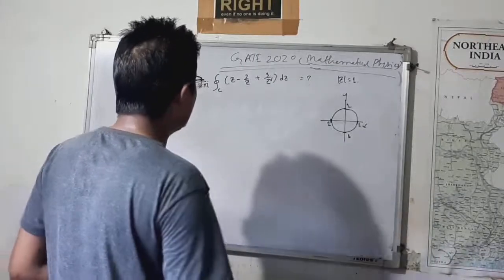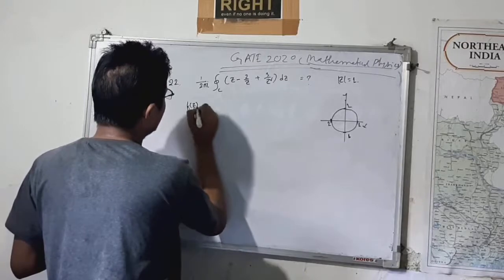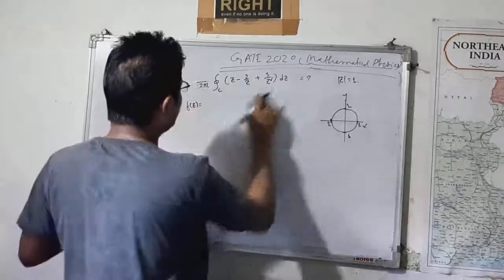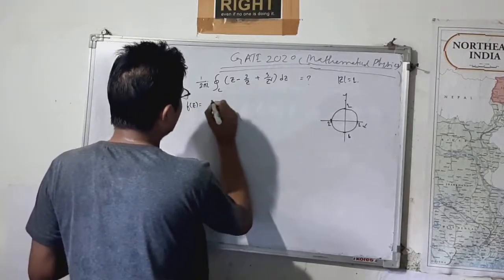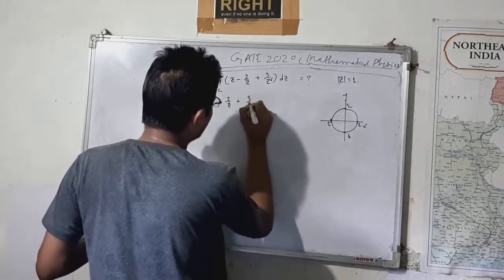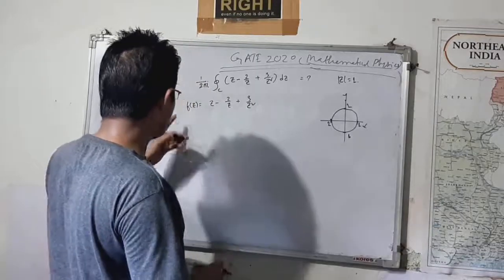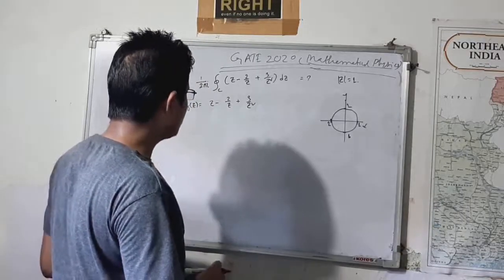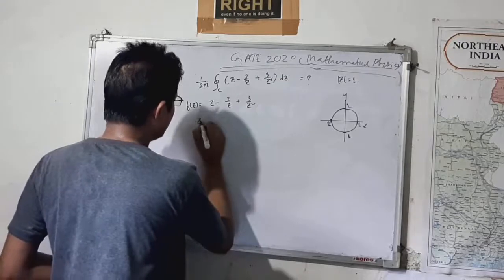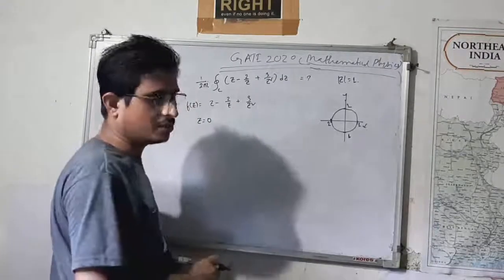Here f(z) is equal to z minus 2 by z plus 3 by z square. In this function, z equal to 0 is the pole, and it is a second order pole, since the z square term is associated.